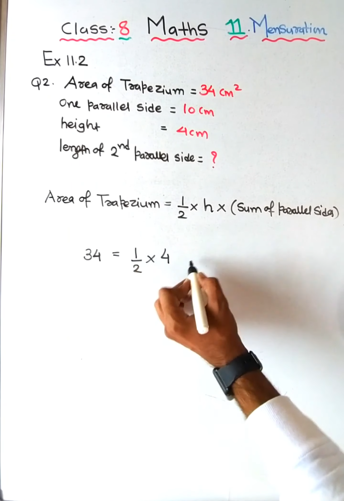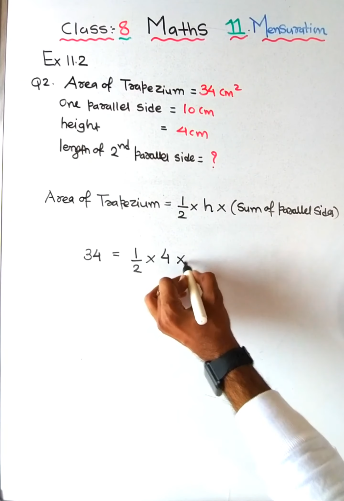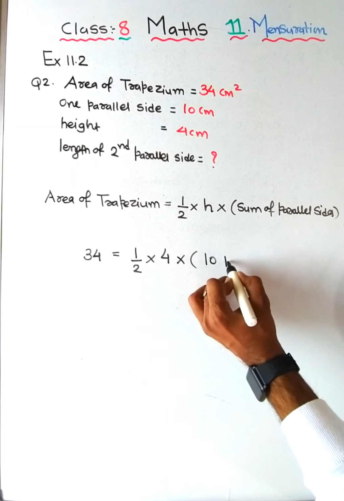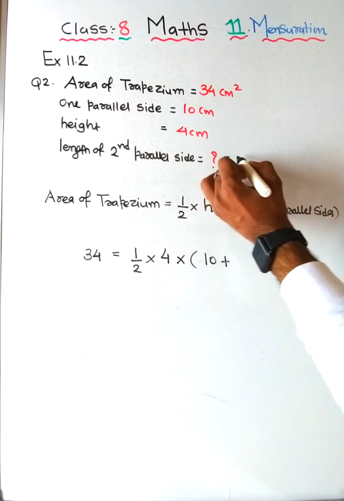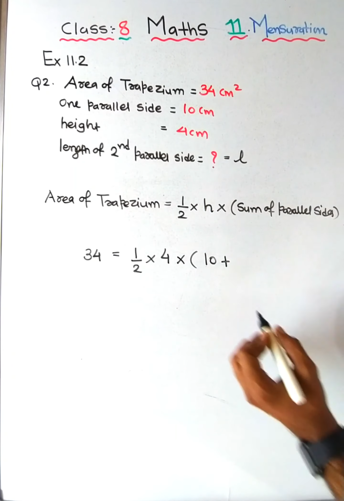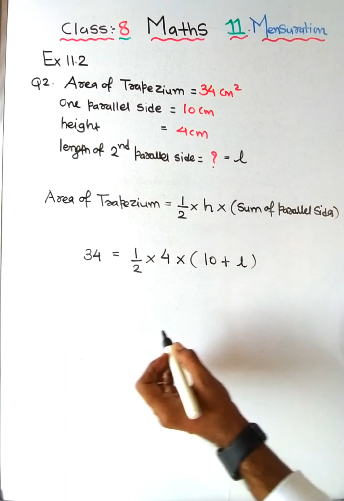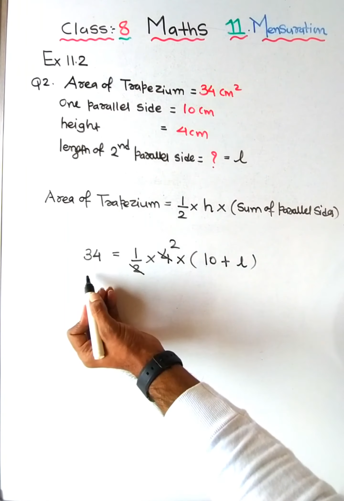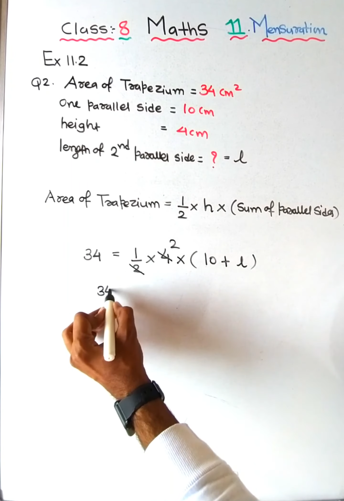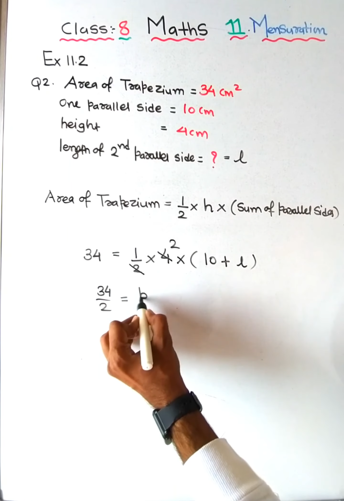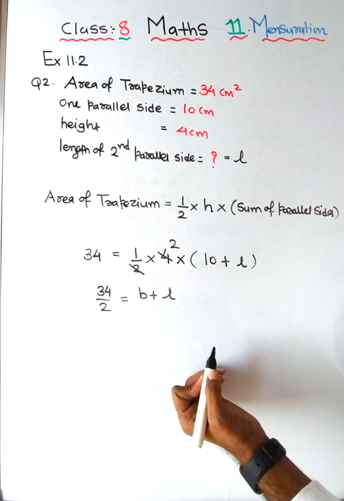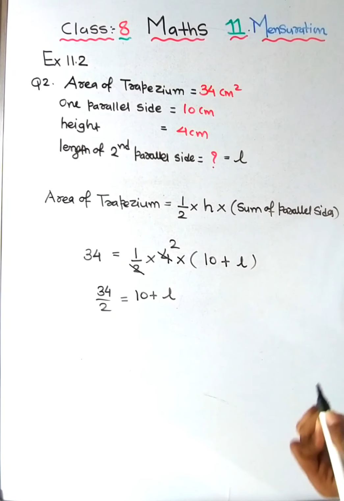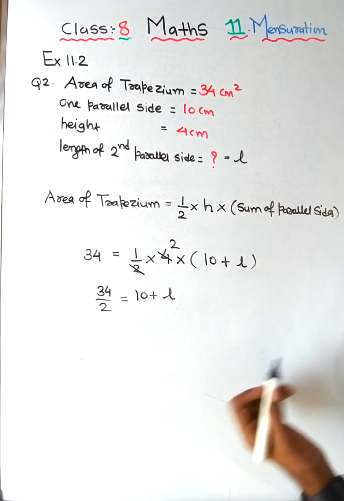Height is given 4, and the sum of parallel sides means the first is given already, 10. Second, let us assume that we are finding L, right? So we'll write L over here. You can cancel, 2 2s are 4 over here, and this 2 can go below 34. So this will be 34 by 2 equals 10 plus L, because 10 is the first side given.